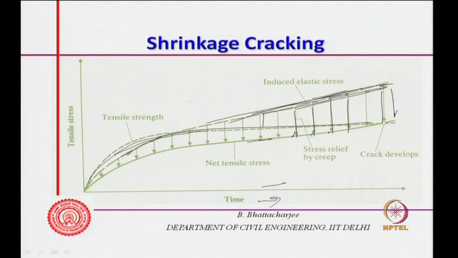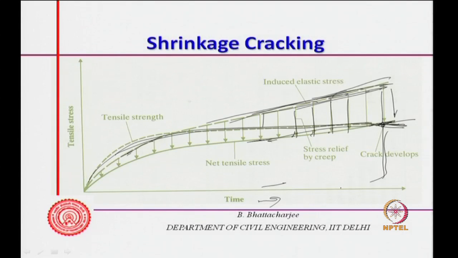Now, tensile strength increases in this manner. As long as tensile strength is more than this, no crack, because shrinkage increases with time. Relaxation is also increasing with time, but a time comes when this net tensile stress overtakes the tensile strength, and the cracks actually develop at that time. This can take some time, but normally all these cracks come within about a month or two of the construction.